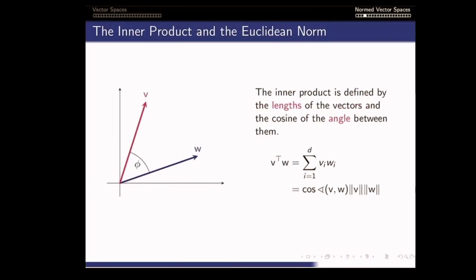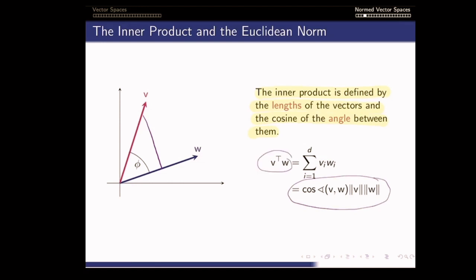Now an interesting relation of the Euclidean norm is given by the relation to the inner product. So the inner product can also be defined by multiplying the lengths of the vectors and the cosine of the angle between them. You can derive this if you build some triangles with a 90 degrees angle, and then you apply the definition of the cosine, and you will arrive at this definition.